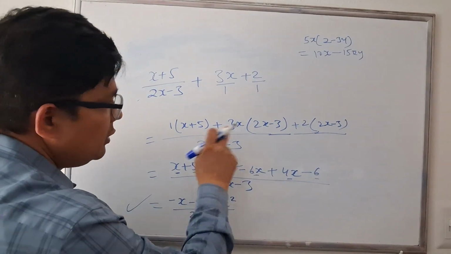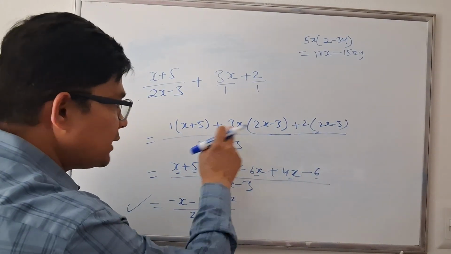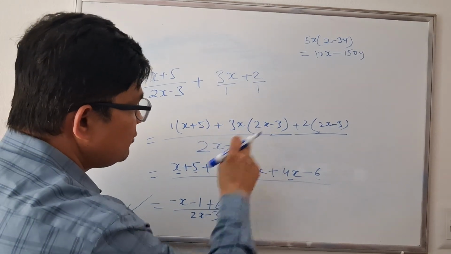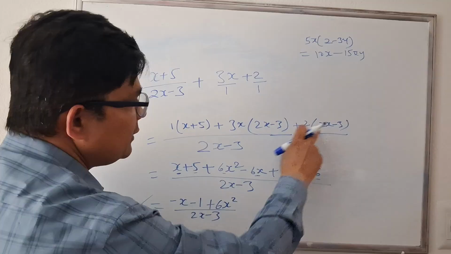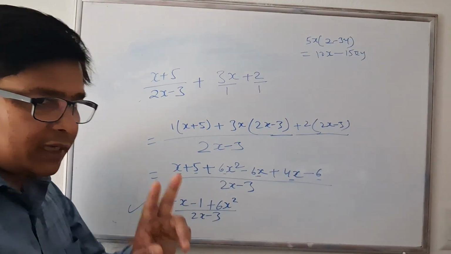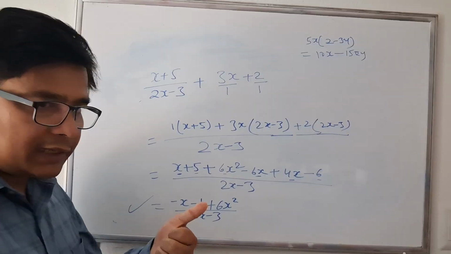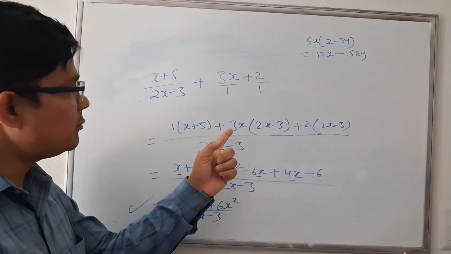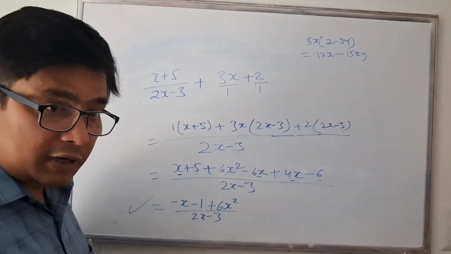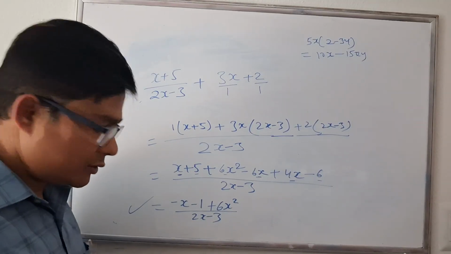Okay, and your sign will be same, like here, plus times plus, plus times minus, minus, and here plus times minus, minus. So basically you have to take care of two things. One is sign, and another is multiplying to all the terms inside the bracket. No confusion up to this point? Okay.